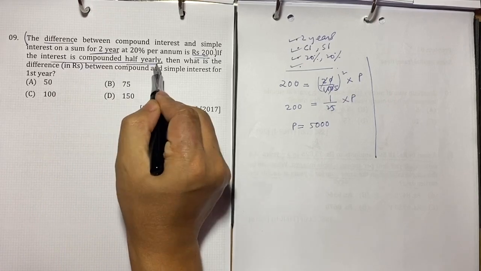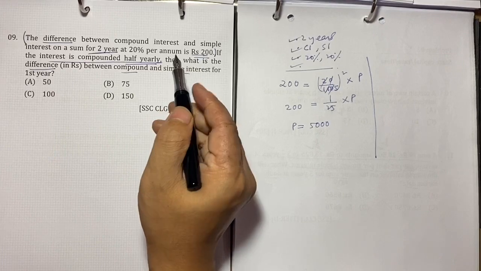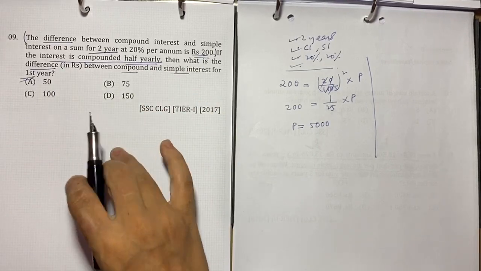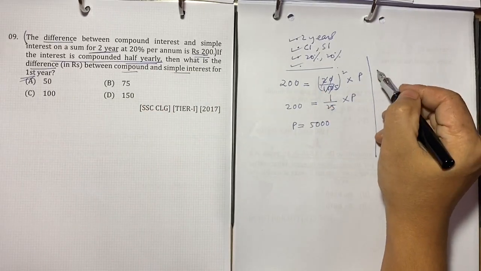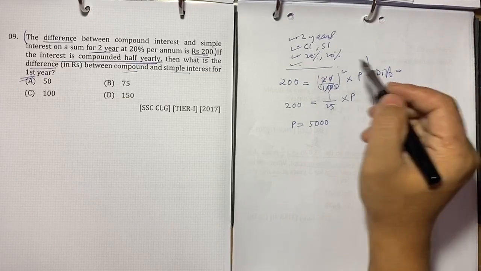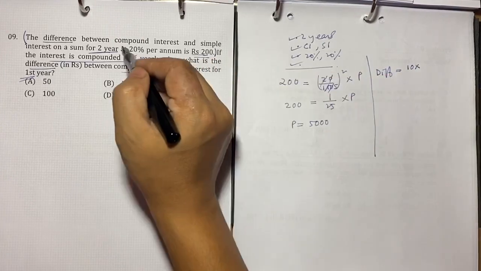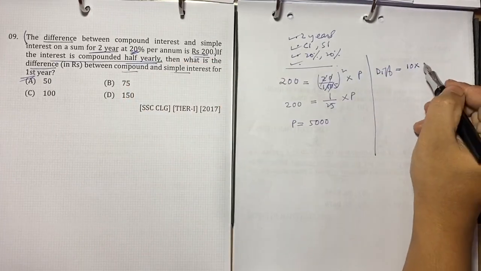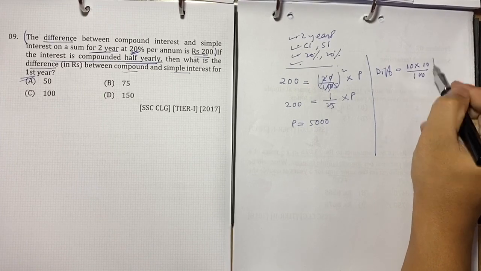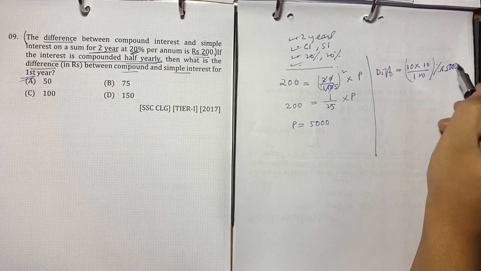The second part of the problem: if the interest is compounded half yearly, what is the difference between compound and simple interest for 1 year? The difference is (r by 2 into r by 2) divided by 100 into 5000. r is 20, so r by 2 is 10, 10 into 10 divided by 100 into 5000.